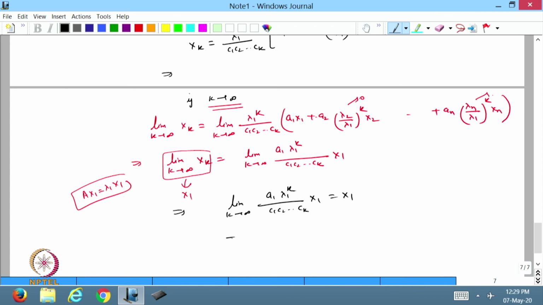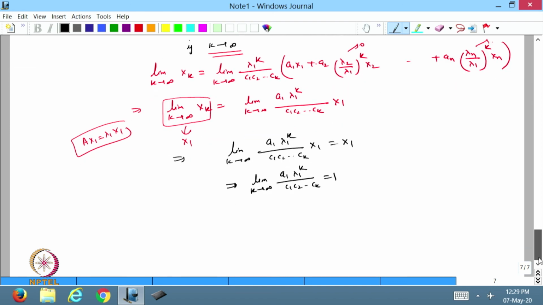That implies that the limit k tends to infinity a1 lambda 1 k over c1 c2 up to ck should be 1. Now, this is my condition.